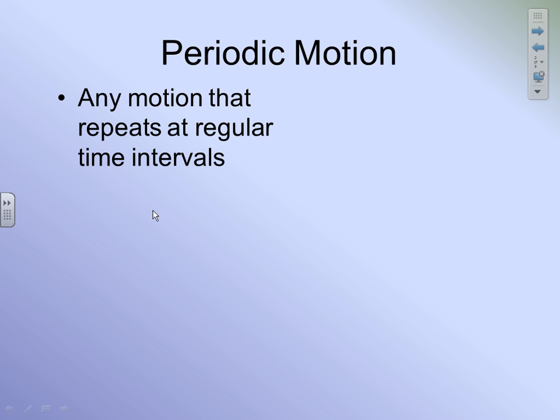Okay? This pendulum that I have started up here is repeating at a nice regular time interval. It goes back and forth, back and forth, and back and forth. And it always takes the same amount of time to do it. What are some other things that you can think of that repeat at regular time intervals? Catherine, go ahead. Hands on a clock, right?